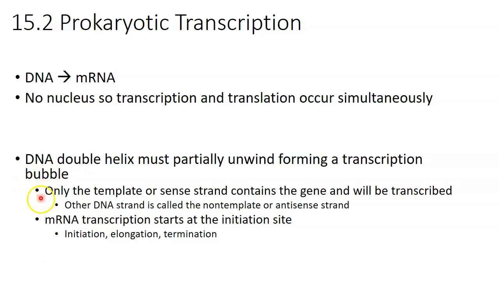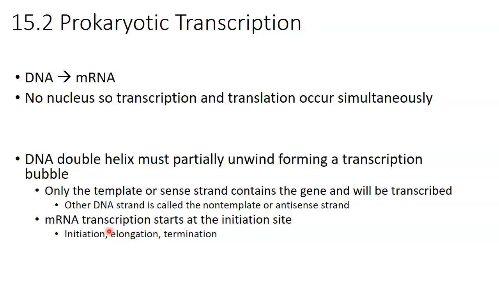Only one strand actually contains the gene, and so only one strand will be transcribed into RNA. We call this strand the template strand, or you would call it the sense strand. The other strand that does not contain this particular gene is going to be called the non-template or the antisense strand.